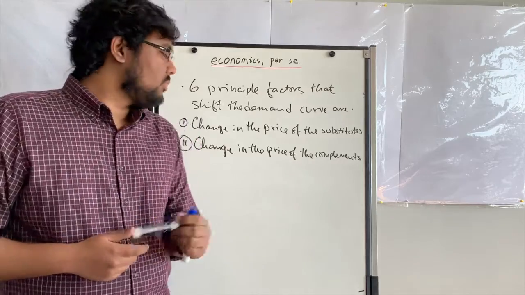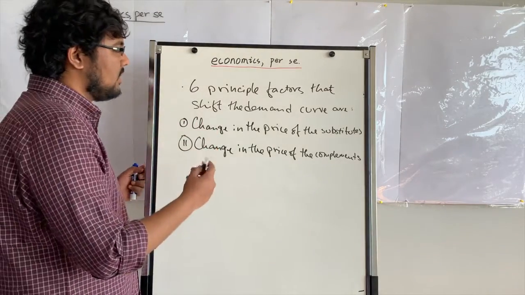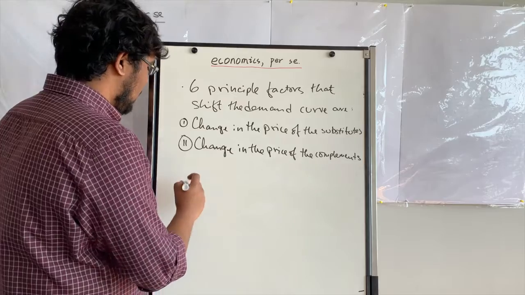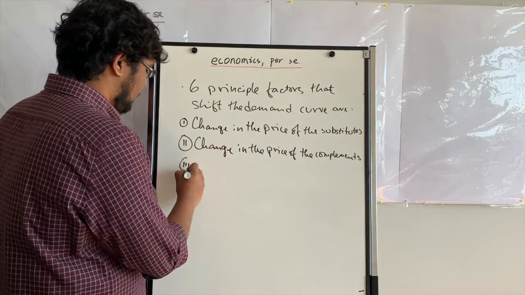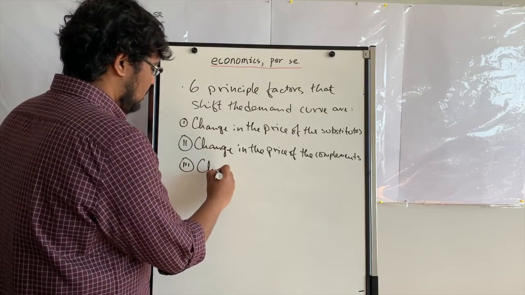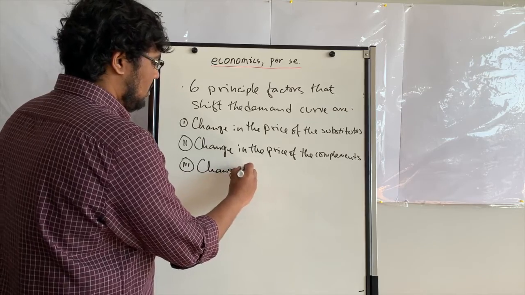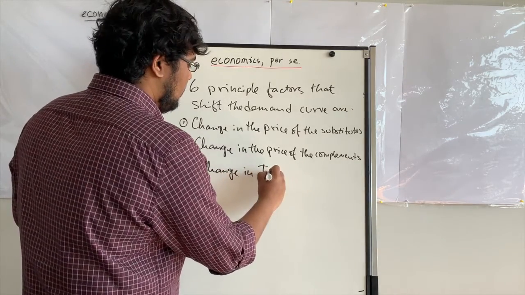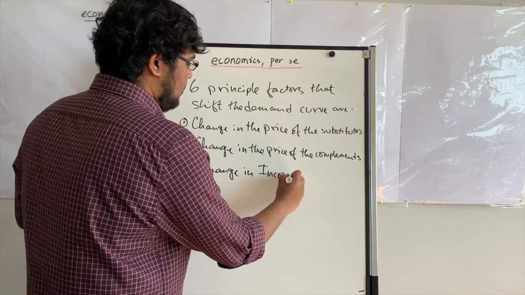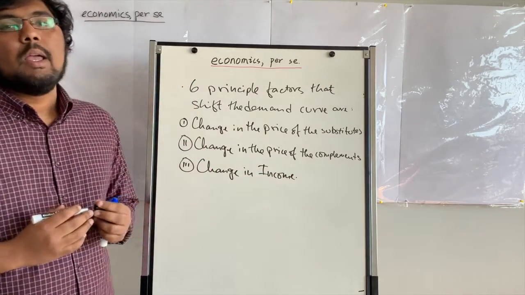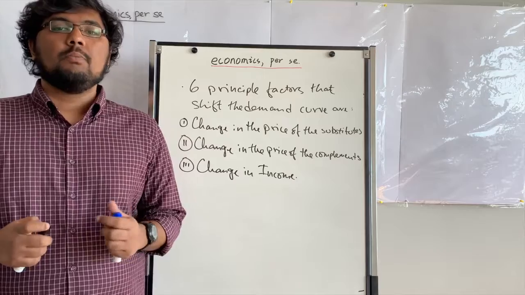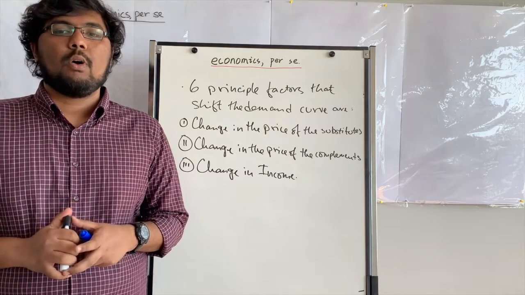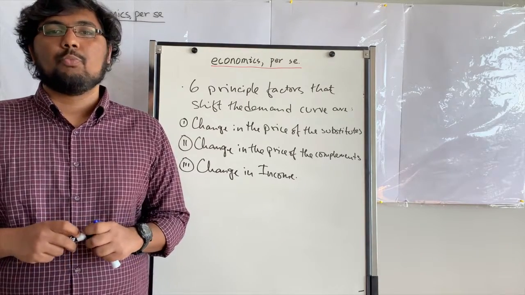And now the third principal factor that shifts the demand curve is change in income. When individuals have more income, they tend to buy more of one good at any given price.